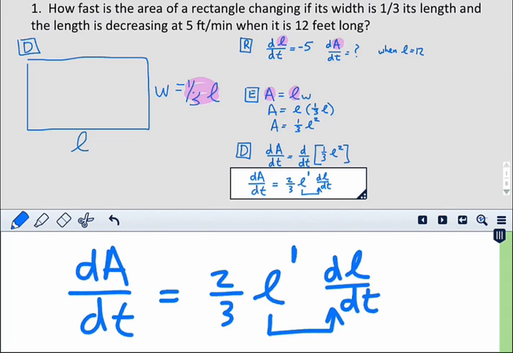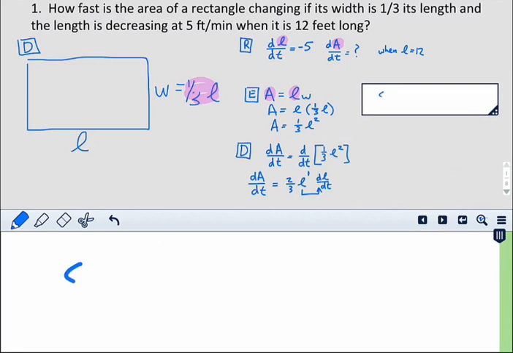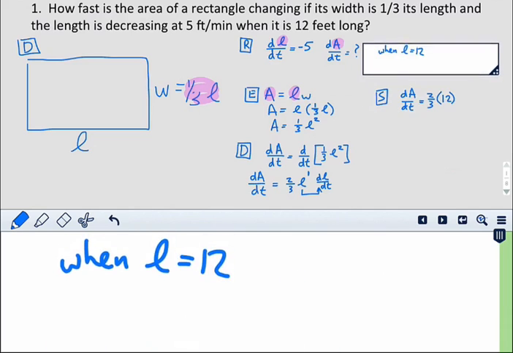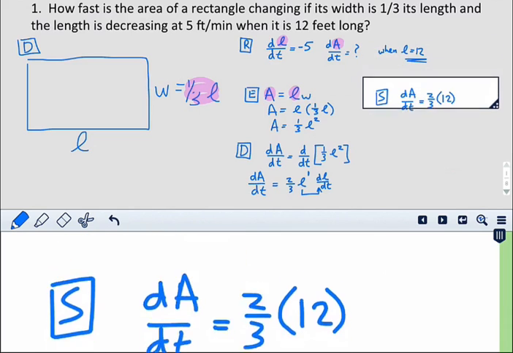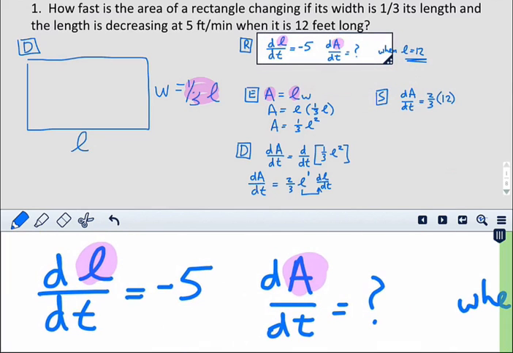Alright, once we're here, we're going to use our knowns and substitute. So let's come up here and substitute. So we know we're looking for dA over dt, and it's going to equal 2/3 times L, and we're going to use the L equals 12 right here, and then times dL over dt, which is -5.